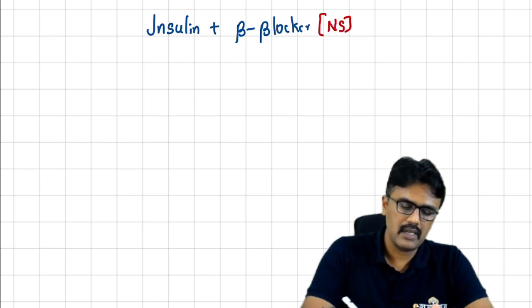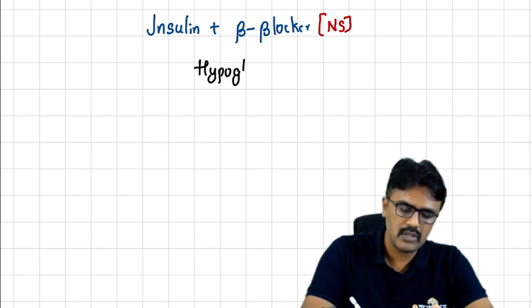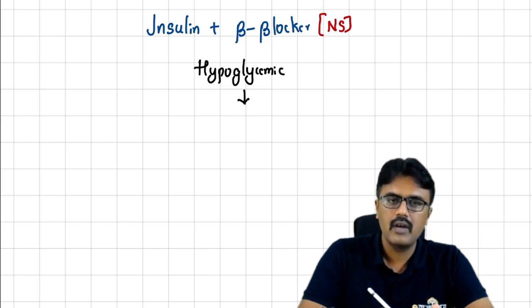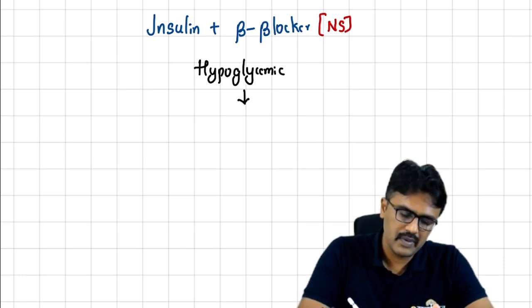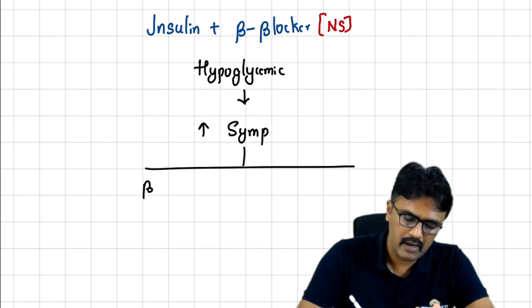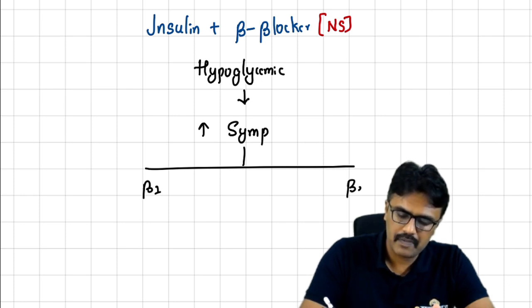Many a times the patient will undergo hypoglycemic episodes. Now when he undergoes hypoglycemic episodes, he will have increase in sympathetic activity, and this sympathetic activity will stimulate the beta 1 as well as the beta 2.